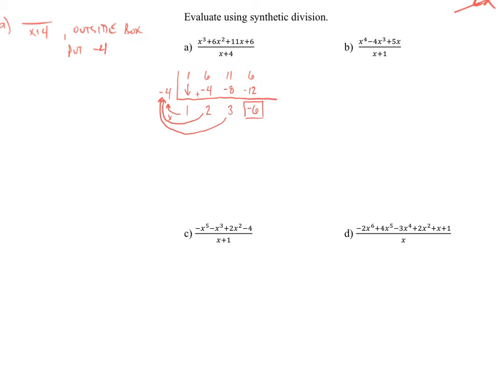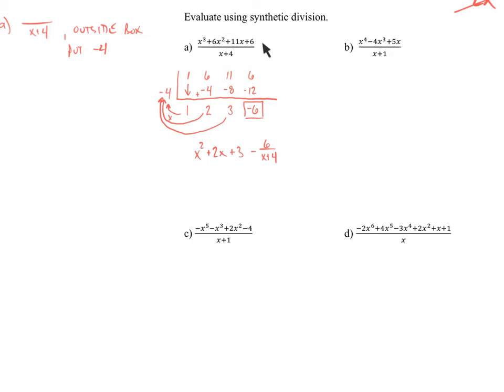So we can say that our resulting answer is 1x squared plus 2x plus 3 minus 6 over x plus 4. All right, so now one question here is how did I decide to go with x squared and x to the first and 3 here? Well, I don't know if you guys have noticed this, but every time we divide a polynomial, the degree of that polynomial goes down by 1.